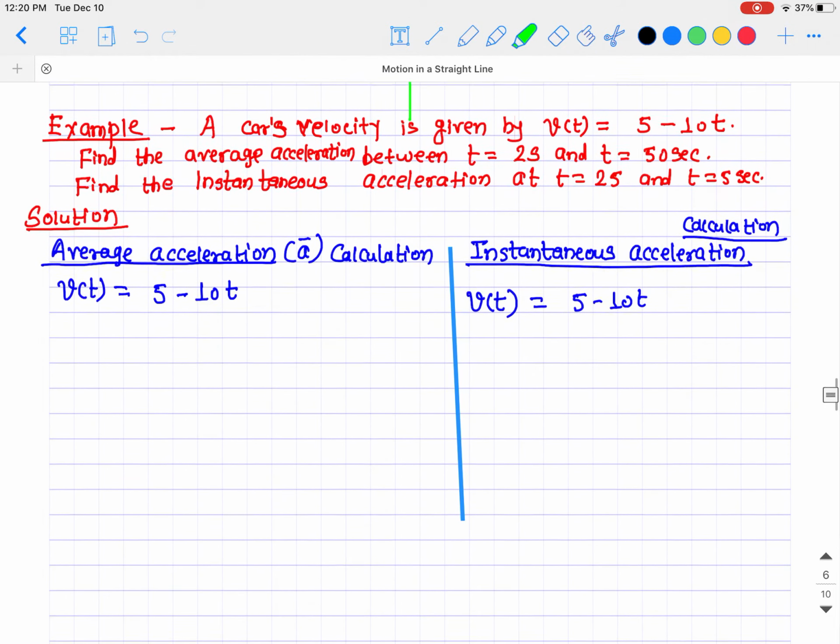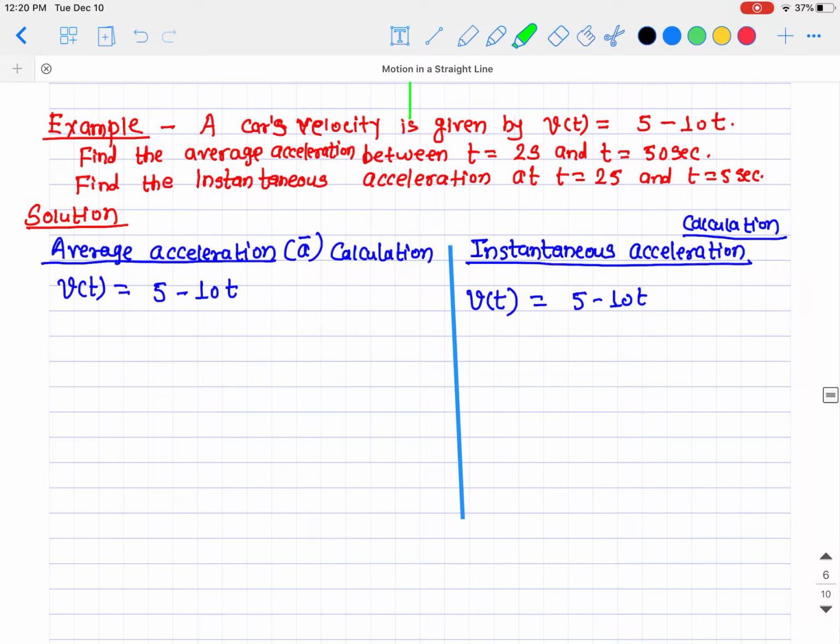Now let me give you an example to show the difference between the average acceleration and the instantaneous acceleration. Let's say a car is moving and the velocity of the car is changing with respect to the time by this formula here: v(t) is equal to 5 minus 10t.